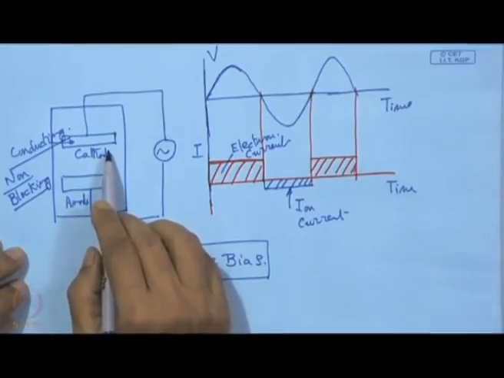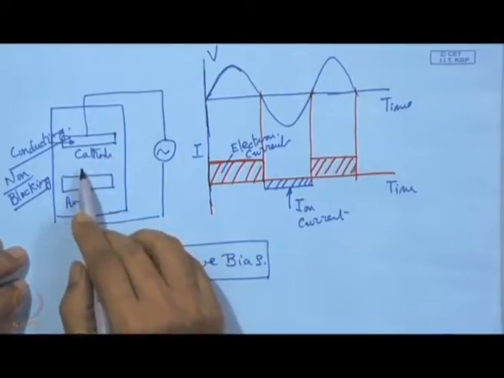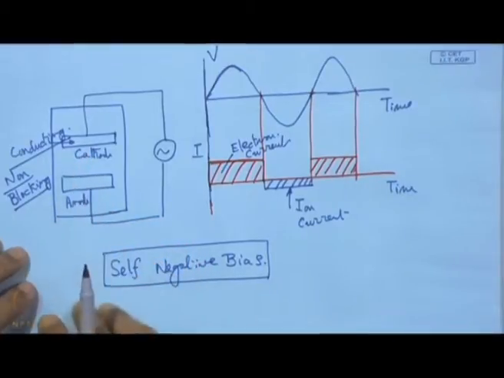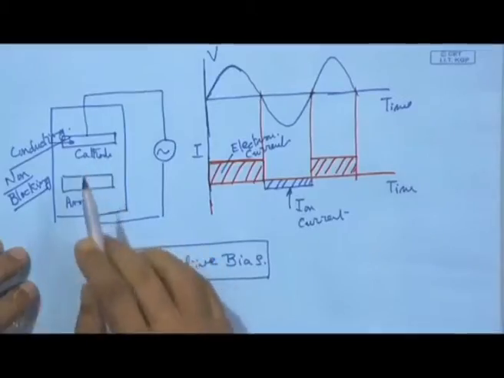Why? This is necessary to pull the ions which will do the necessary dislodgement, ejection of the sputtered material from this cathode surface, and in addition secondary electron also from that cathode surface.